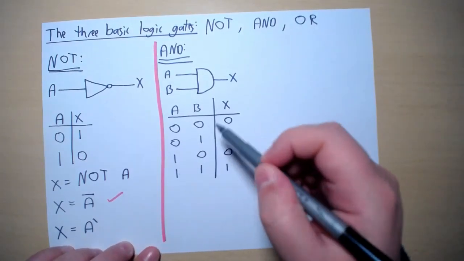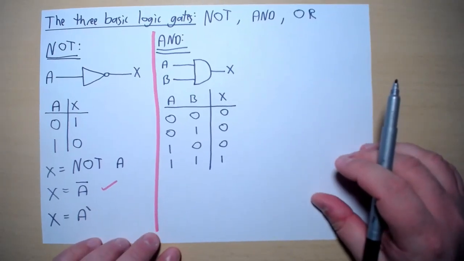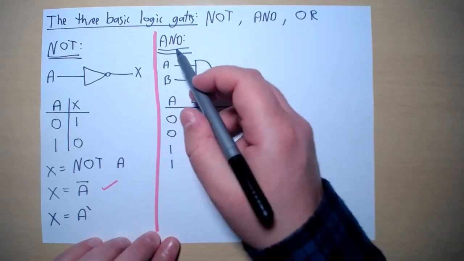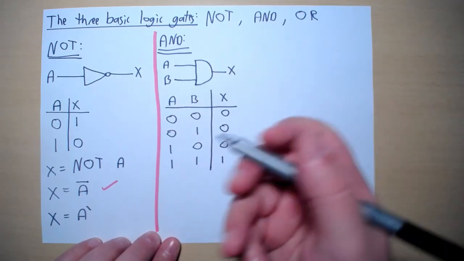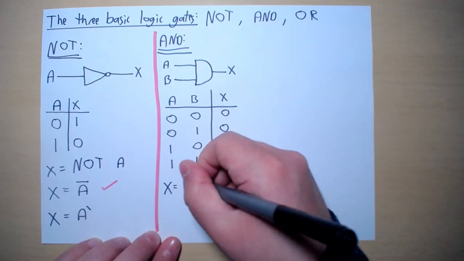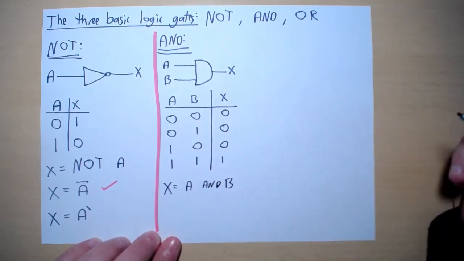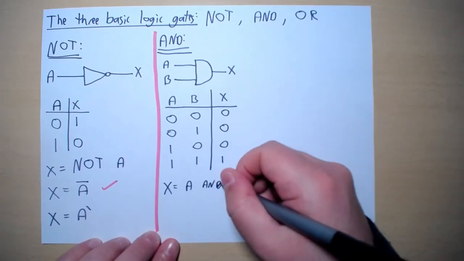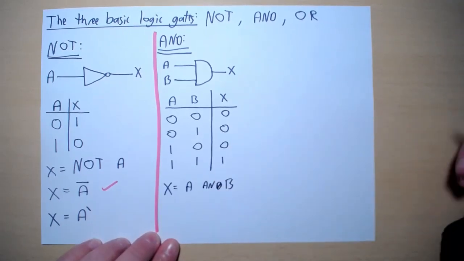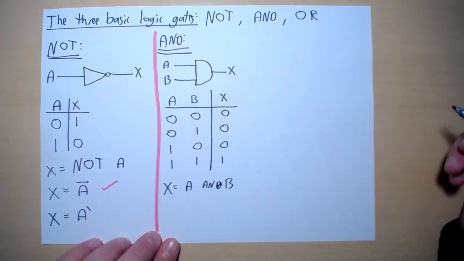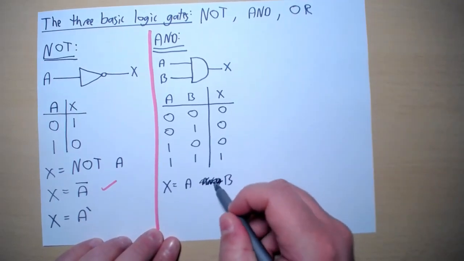If we have to write this in Boolean algebra, we can either use the AND word, so X equals A AND B. So this is AND.